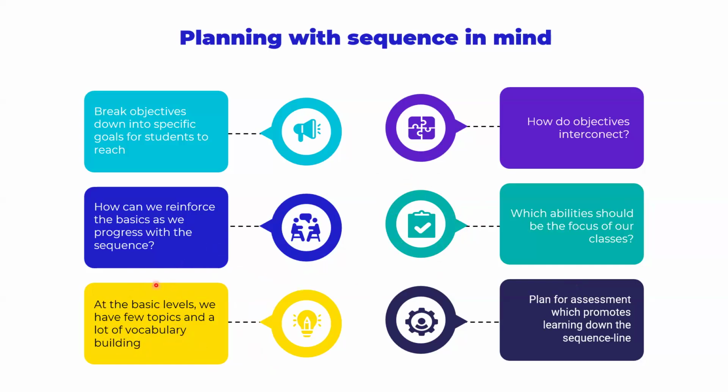You can work on spelling a lot. Spelling bees can be super fun if you make them about movement-based learning. And they get the students to a point where they are very excited about engaging in activities further along the line. And again, plan for assessment, which promotes the learning down the sequence line.